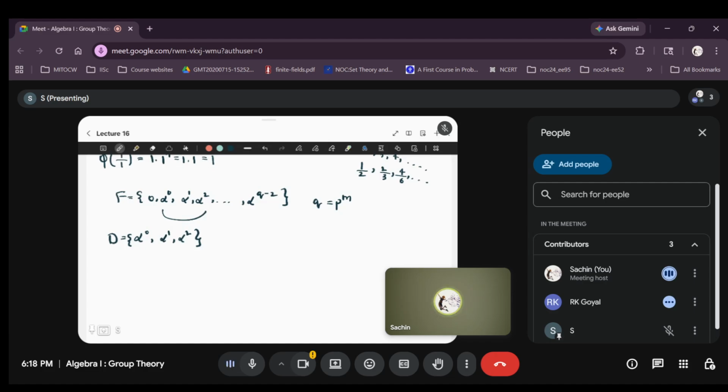Yes. I mean, an extension field is simply, you have a field K and a field F, and F is a subset of K. Then you simply say K is a field extension of F. That's all. Field extension simply means that it is a larger field that contains the smaller field.